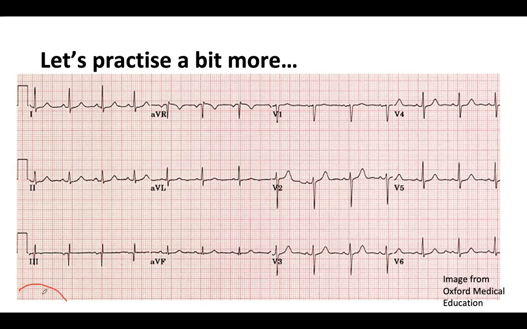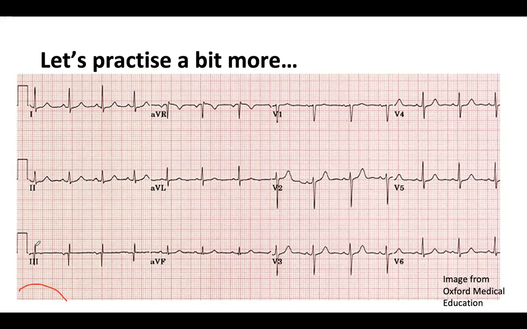But I know that this is a 25 millimeters per second paper speed. This is 1, 2, 3, about 3.75 big squares. So your rate is between 60 and 100. So it's a normal rate. That's all we need to know.